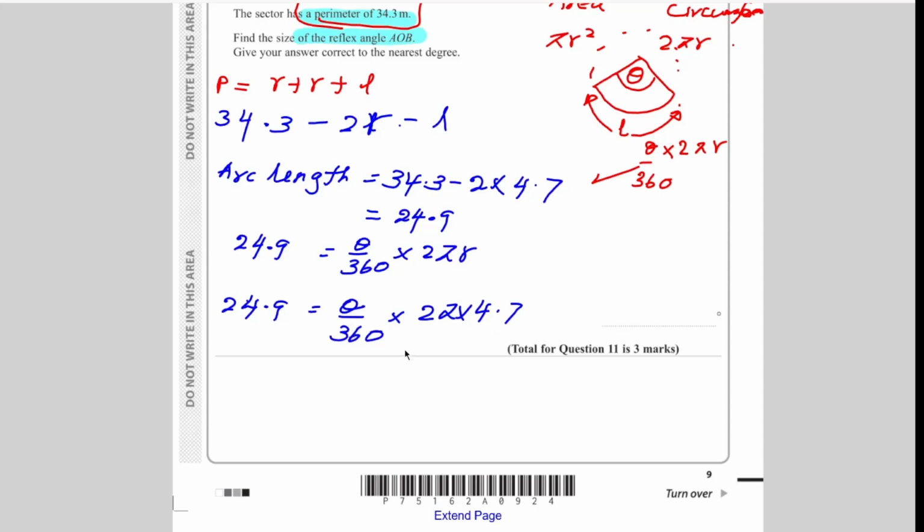When division is sent to the other side of the equal sign, it becomes multiplication, and when multiplication is sent across, it becomes division.